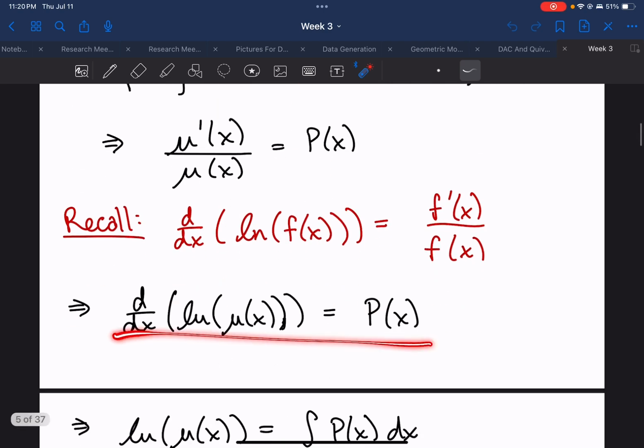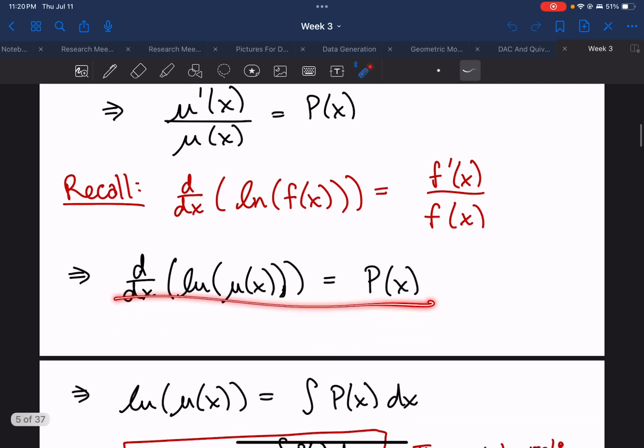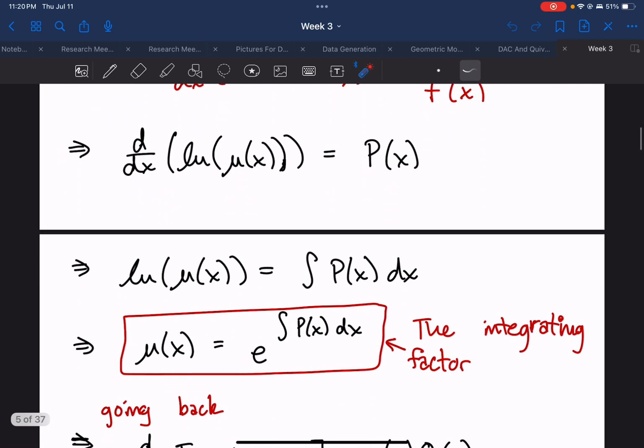So we get here. Now I just need to integrate both sides. I get natural log mu equals integral of p x. Technically we're supposed to add a plus c, but that's okay. It'll turn out to not matter. And then the last step is to raise both sides to the exponential.